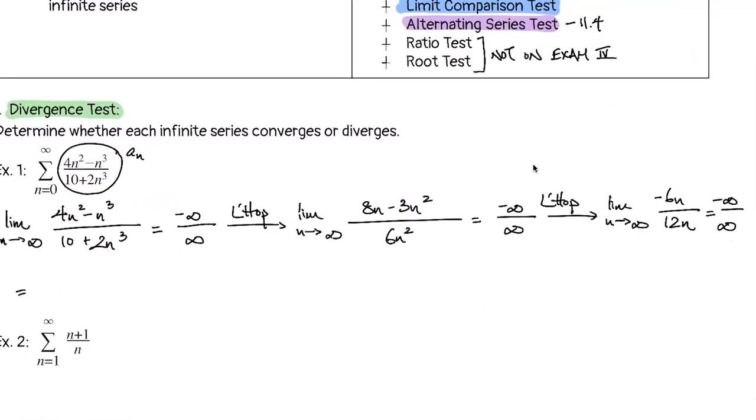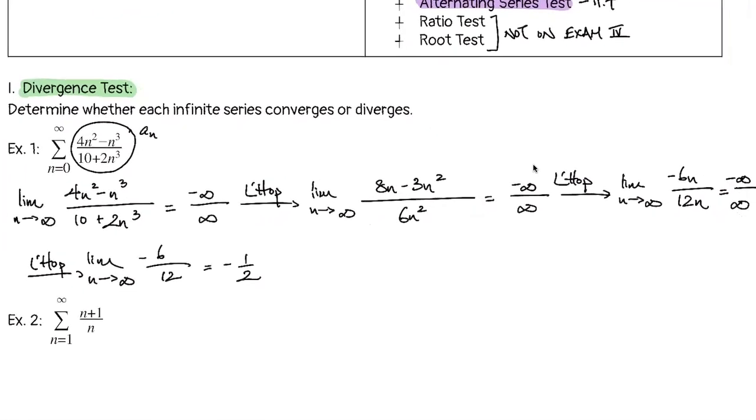And that's going to give us the limit as n approaches infinity of negative 6 over 12. Okay, so at this point, when we plug in infinity, it doesn't actually impact our behavior here. And so what we get is that negative 1/2 is our answer, okay?